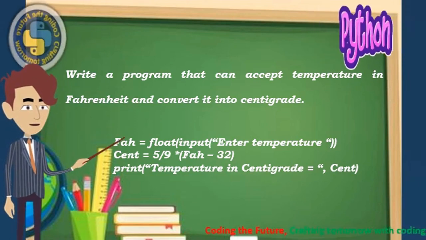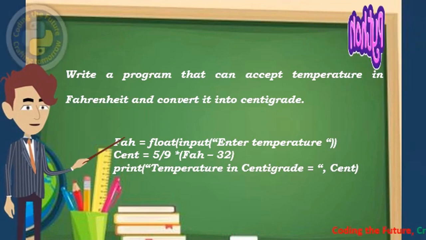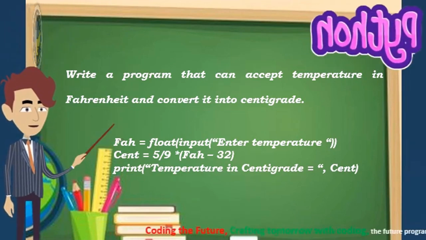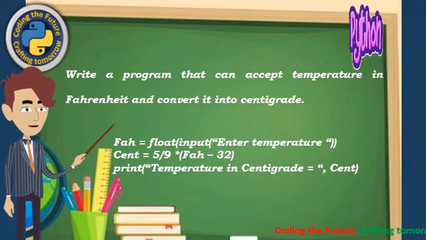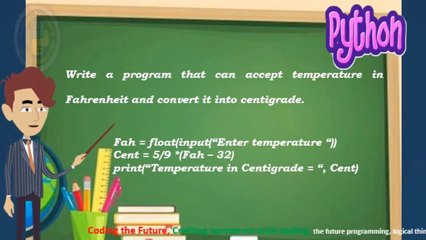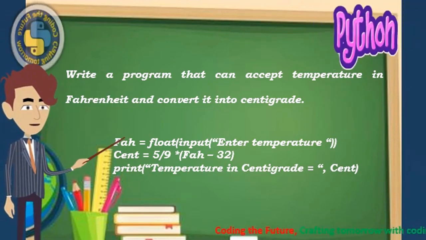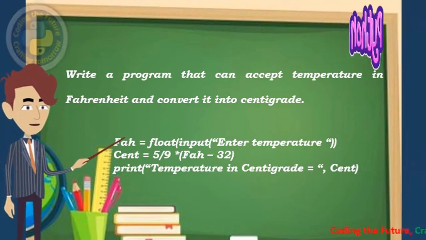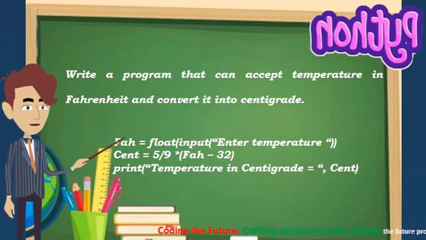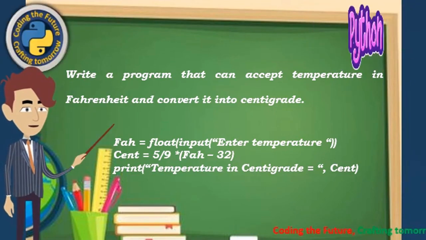That is the universal formula to convert Fahrenheit temperature value into centigrade. Next, print method, it will display temperature in centigrade string as it is on the screen, and the result calculated that is stored in cent will be displayed using variable cent. Now we will go to Python to run our code.